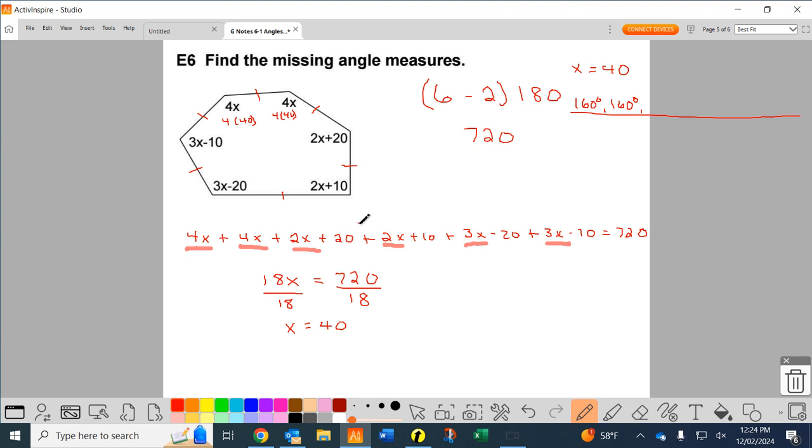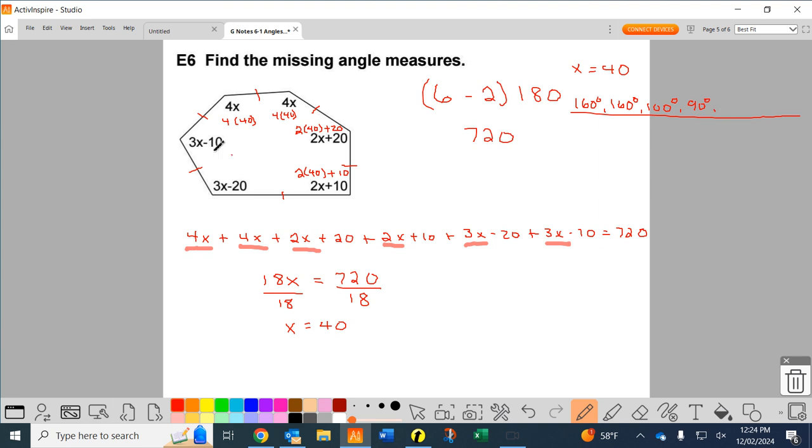Okay, on the next one. 2 times 40 plus 20. 100. Alright, now it's going to be 2 times 40 plus 10. 90. Let me look quick.